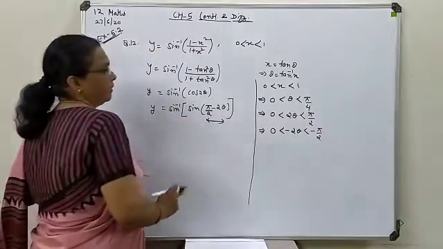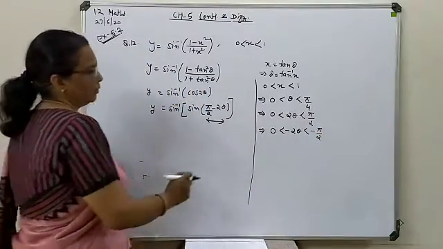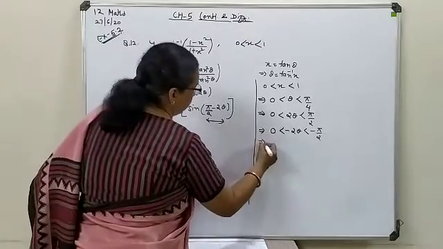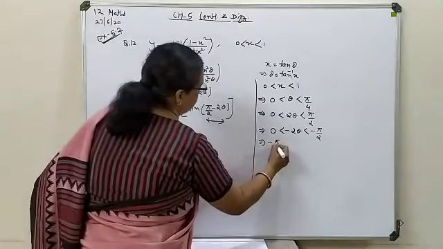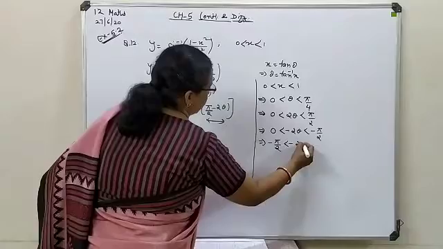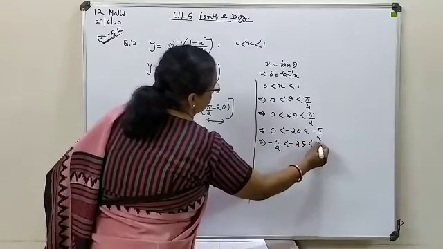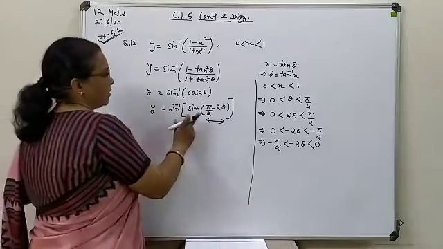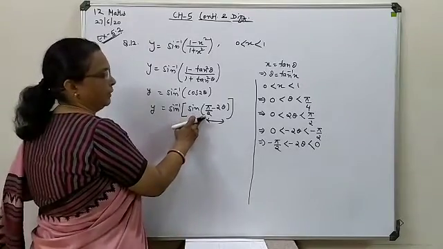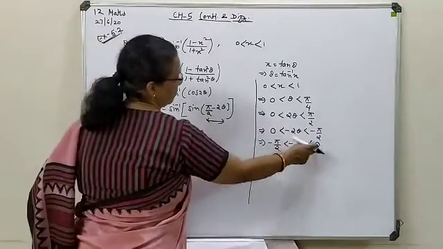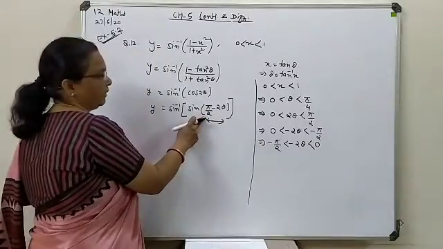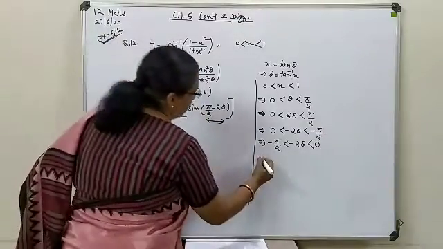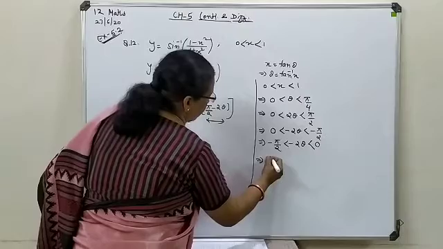In reality, this order is not possible, so we write the actual order it should be. So in reality, this is the actual order we have to proceed with. Still, pi by 2 remains to be added. So at these 3 positions, we make the addition of pi by 2 everywhere.